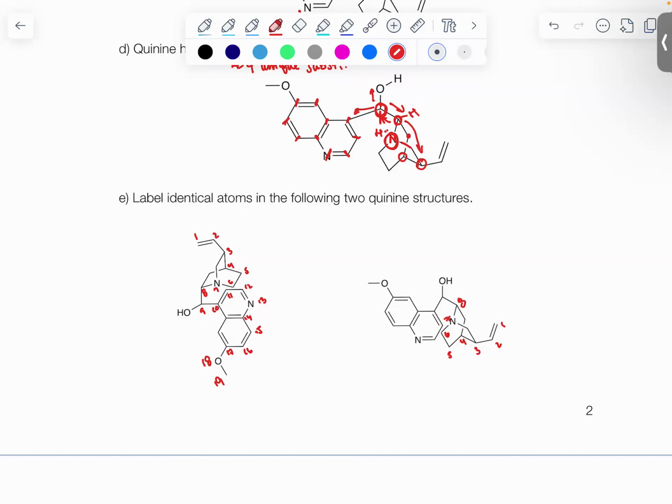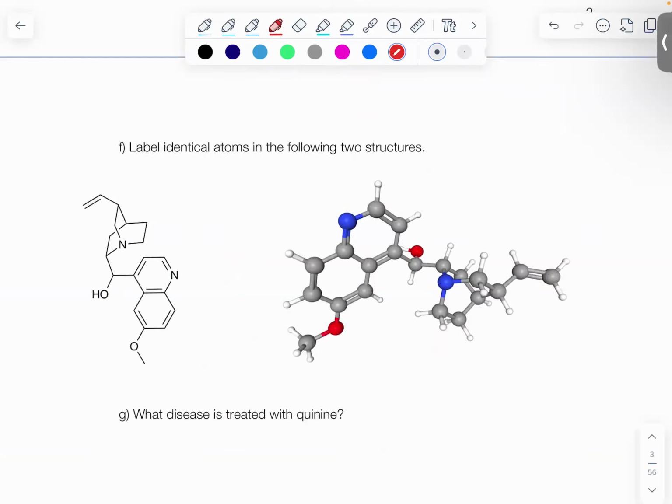We'll see if, did I get that one? Yes. 9. So I won't number all of these atoms for the sake of time, but as long as you have the major gist, it's easy to tell whether you have the correct numbering between the two.